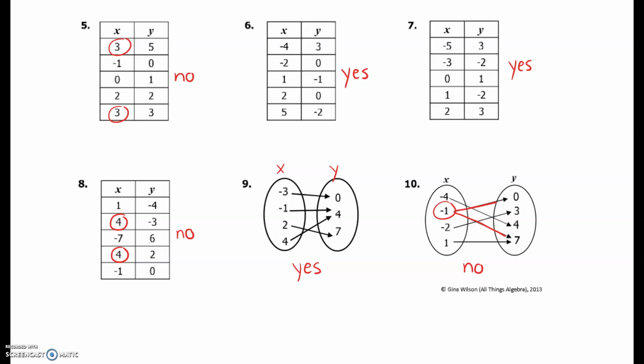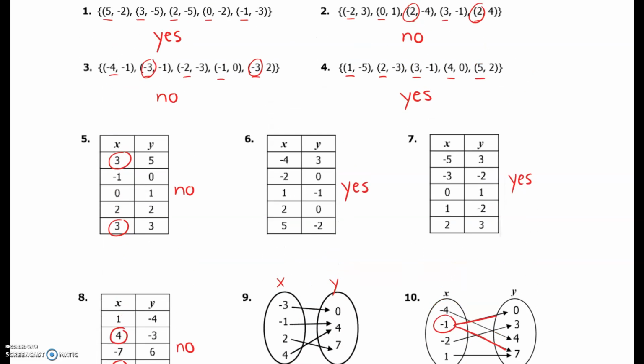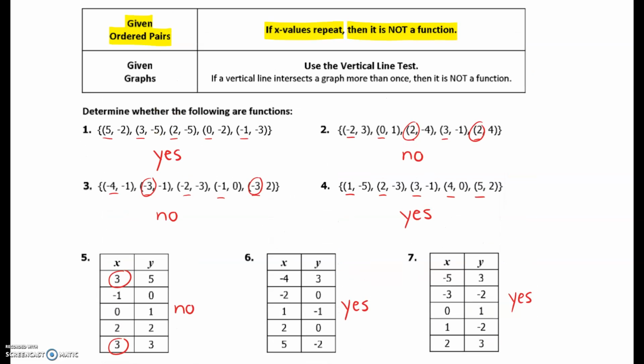However, we should know now that a relation is not always a mapping or a table or a set of ordered pairs. The fourth way that we could display a relation is using a graph. So if we want to test if a graph is a function, we're going to use something called the vertical line test.